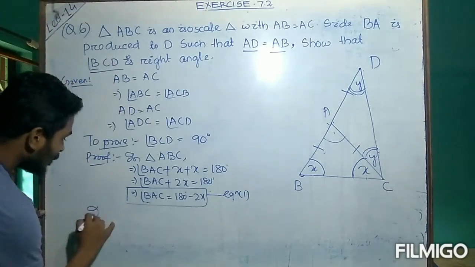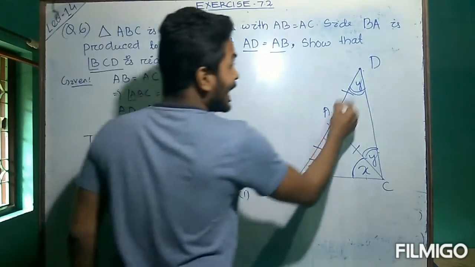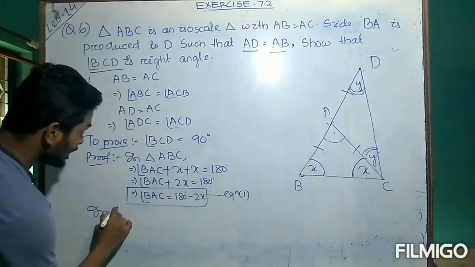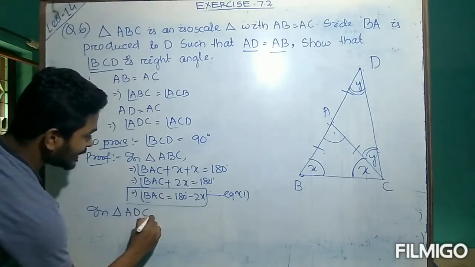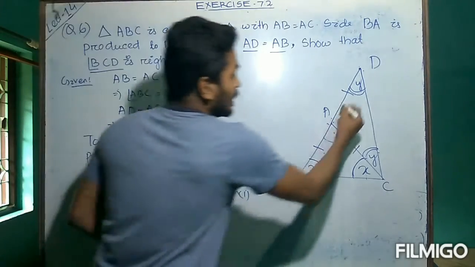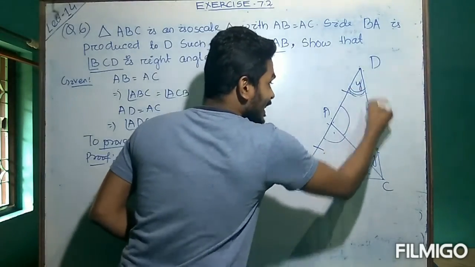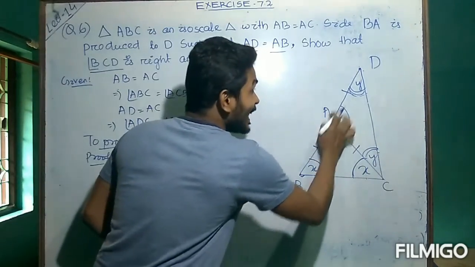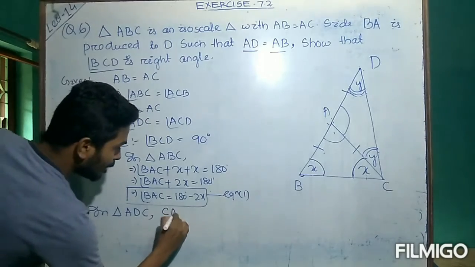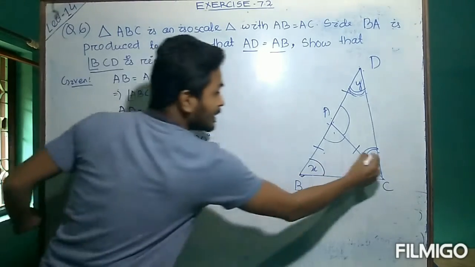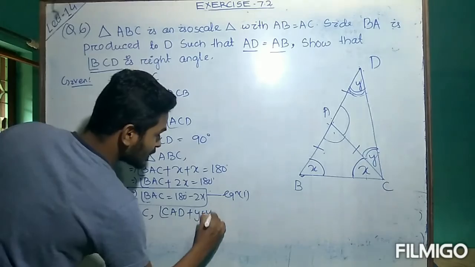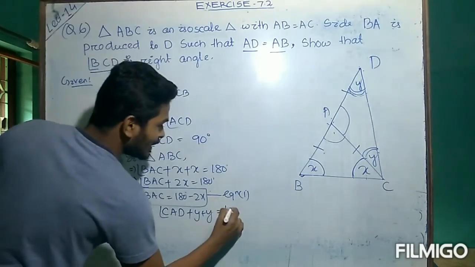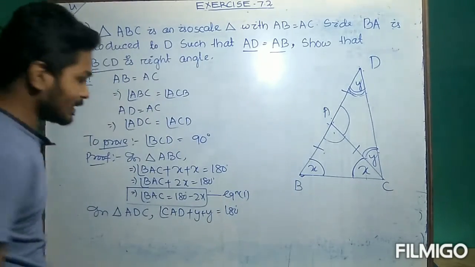Clear? Now we will consider another triangle, triangle ADC. In triangle ADC, this angle plus this angle plus this angle is also 180 degrees. So we can write CAD plus this angle plus another angle is equal to 180 degrees. We know it.